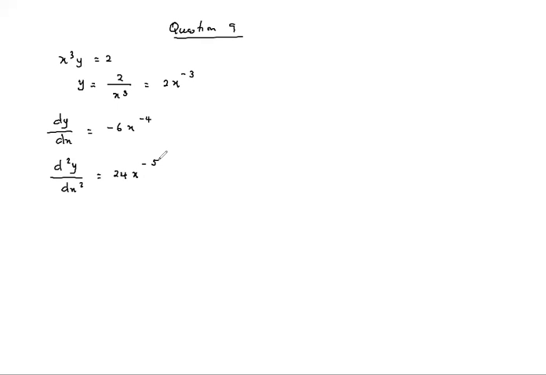Remember, in the second derivative, we are asked to substitute, so at x equal to 1. So we are looking for 24 times 1 to the power negative 5. So what do you get? That is just 24. You should never bring the negative inside.